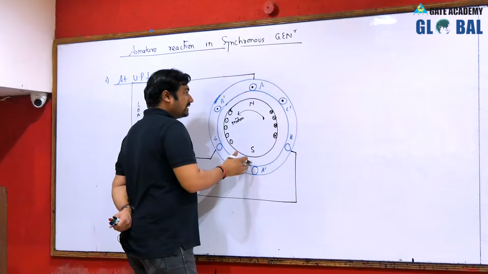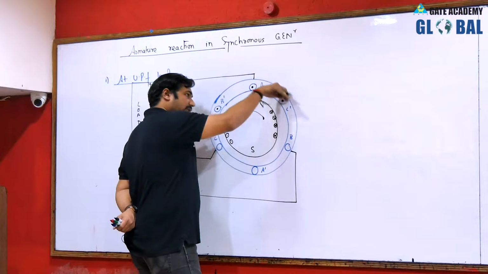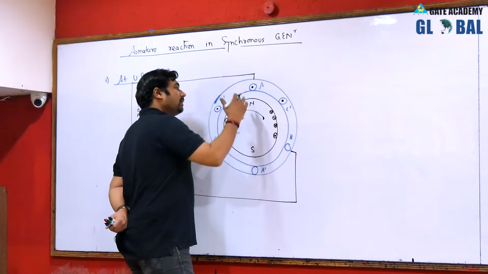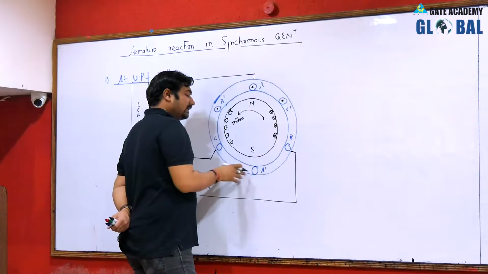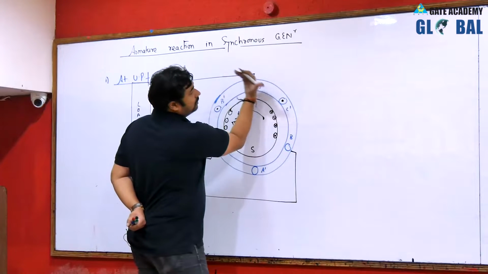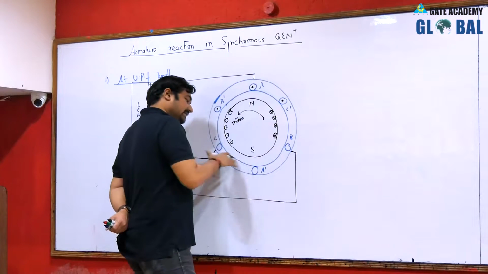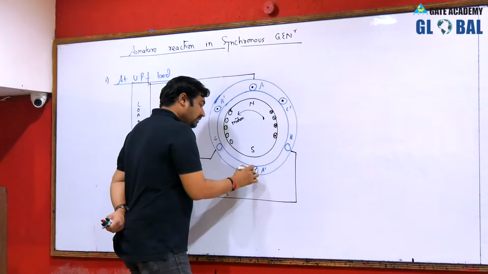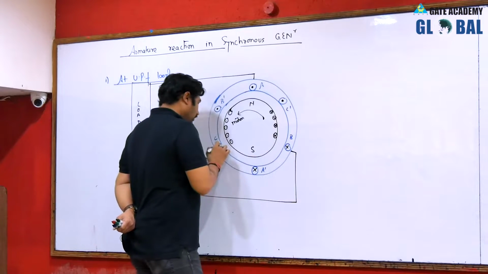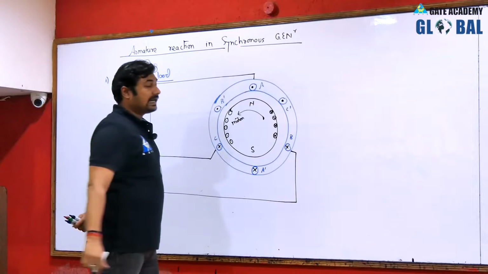Similarly, the magnetic lines of force go in this fashion, so stop the field and rotate the conductor in the opposite direction. If you rotate the conductors in this direction, they will have the polarity of induced EMF, in terms of current, as inward.